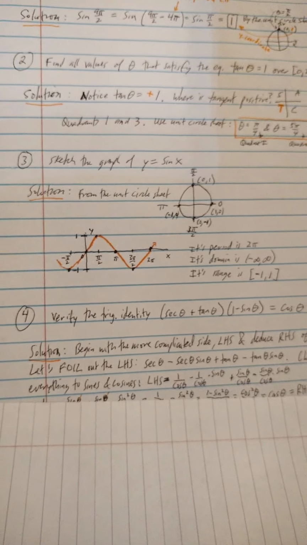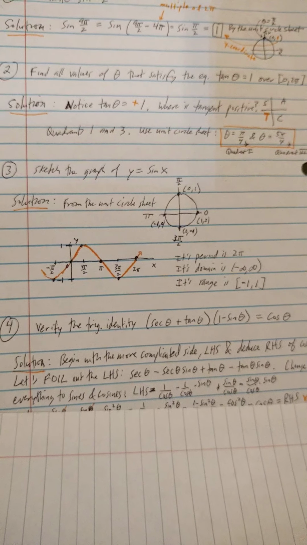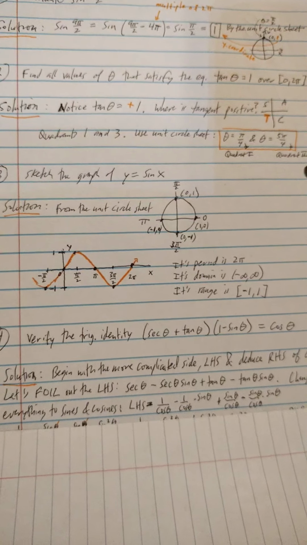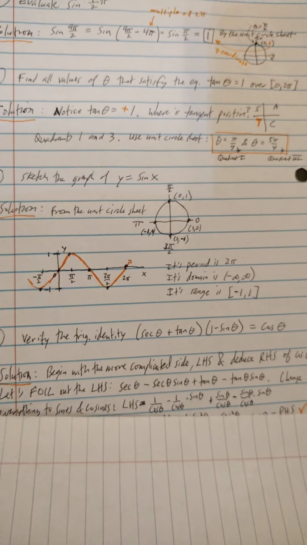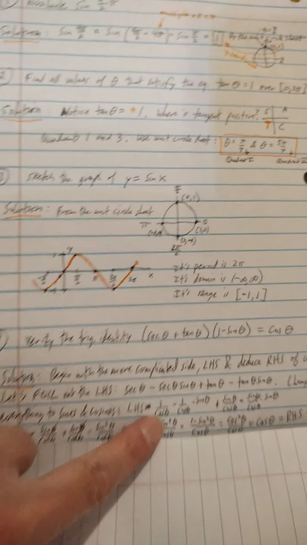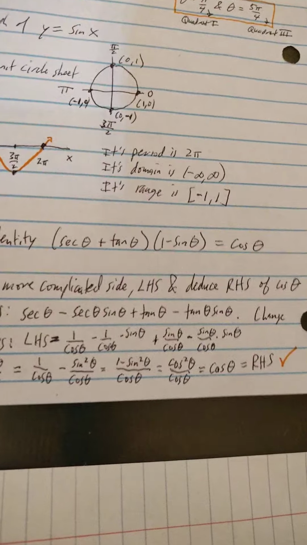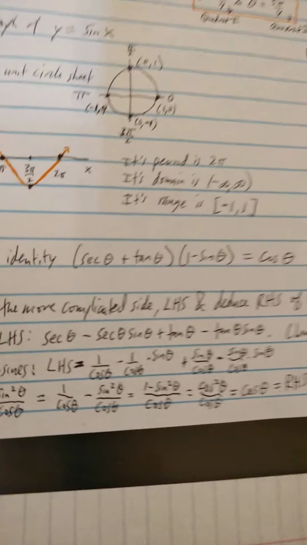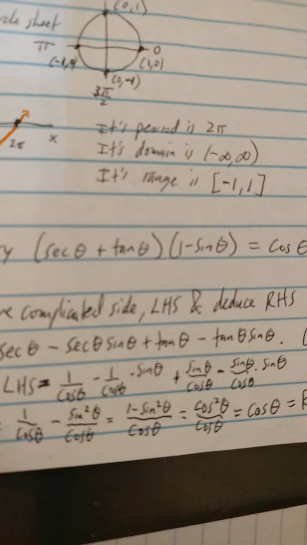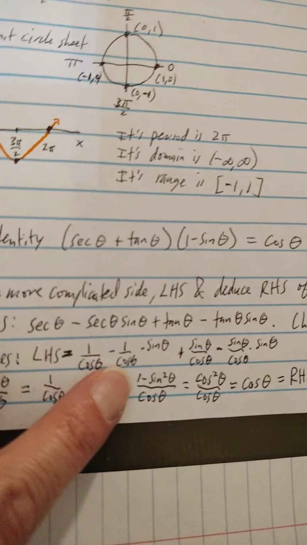So from your identities, change everything to sines and cosines. So another name for secant theta is 1 over cosine theta. That's a reciprocal identity. Secant and cosine are reciprocals of each other. So secant theta is 1 over cosine theta minus secant theta, once again, is 1 over cosine theta.